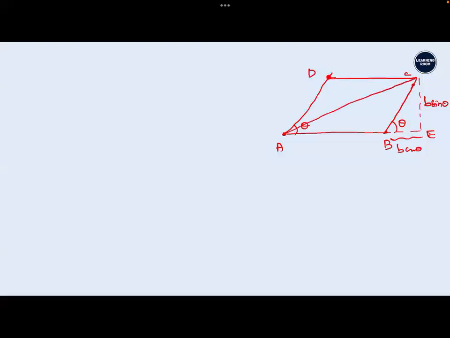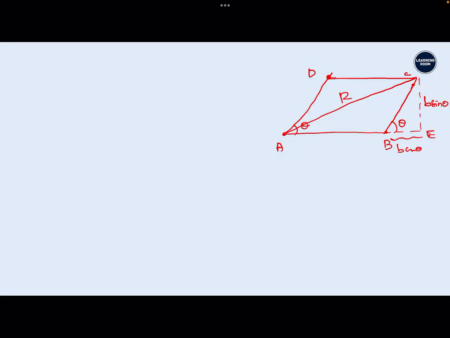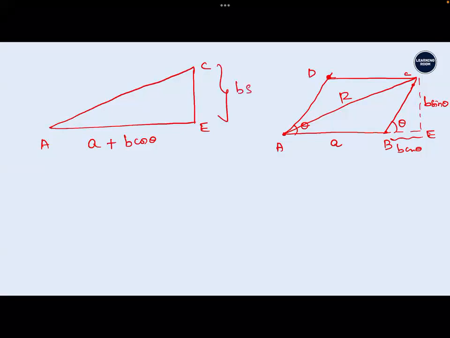And you have the diagonal whose length is R. So from this parallelogram, I'm only concerned about a right angle triangle. So for that, I will consider the right angle triangle CEA, so that AE is going to be equal to A plus B cos theta. Similarly, CE is going to be B sin theta and AC is already R.